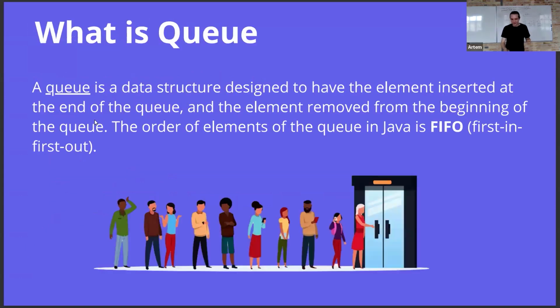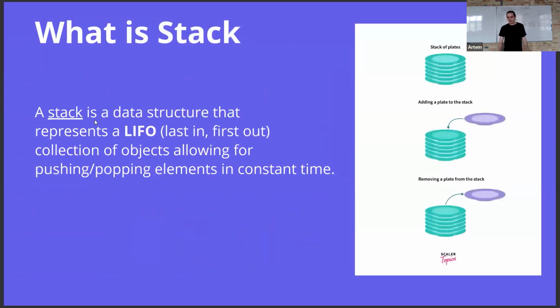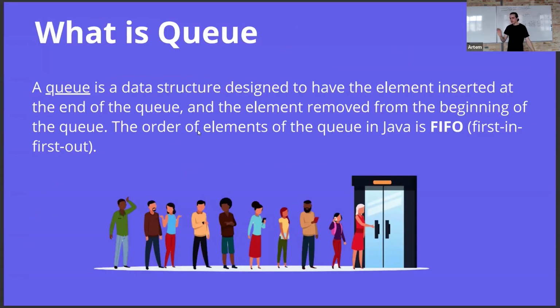Super. What is queue? Do you know what a queue is? Okay, so queue is basically a queue. Like if in stack we have LIFO, last in, first out, in queue we have FIFO, first in, first out.